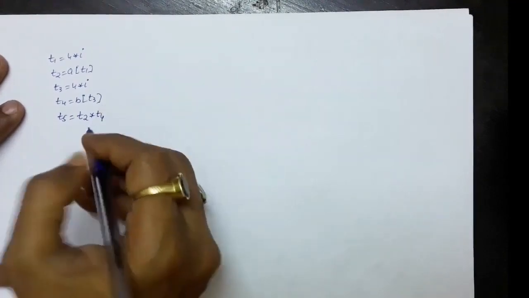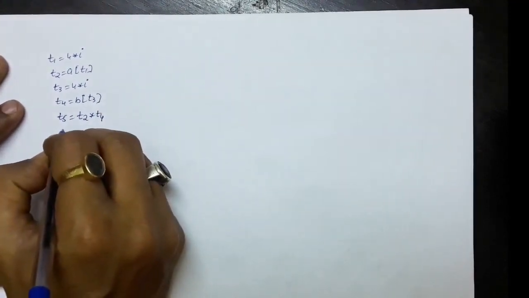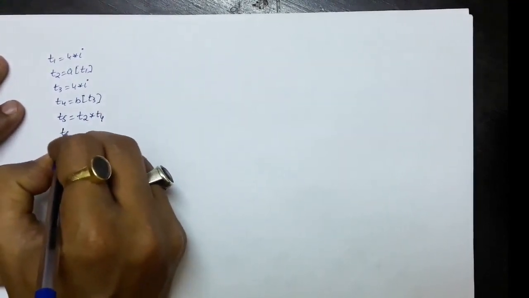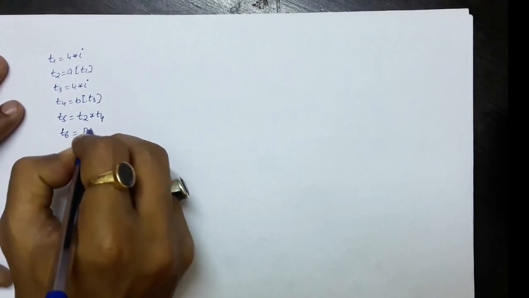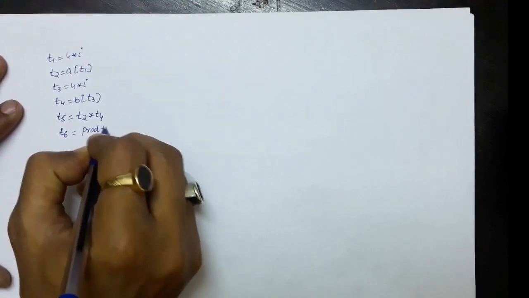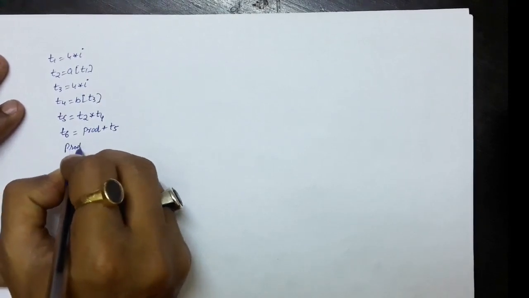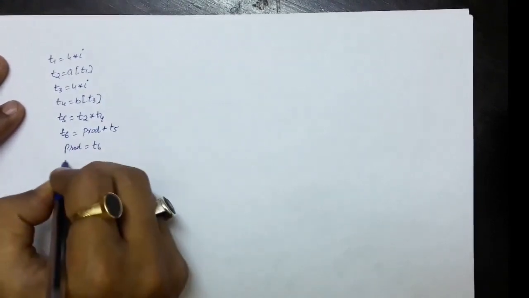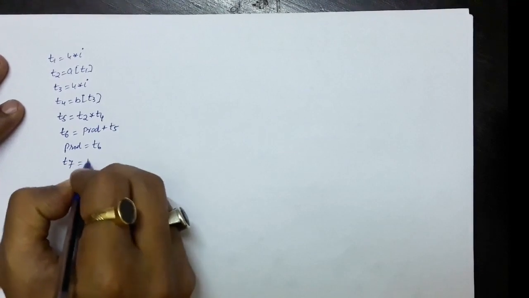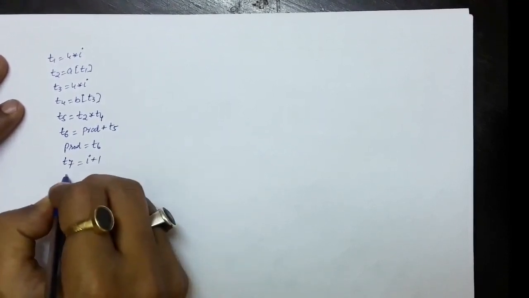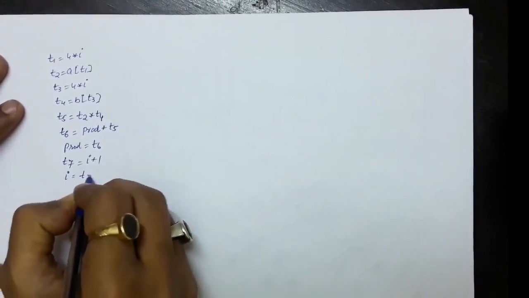There is no restriction on the number of temporary variables. You can take any number. For one basic block, these statements are given: T6 is product plus T5, and then product is equals to T6, T7 is equals to I plus 1, and then I equals to T7.